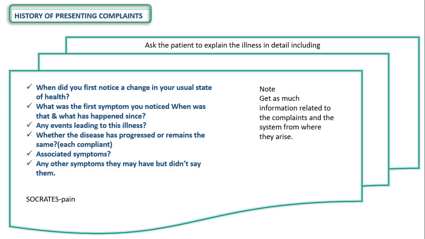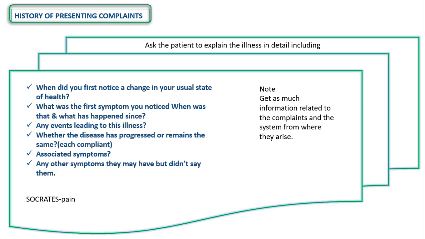And then for pain, you need to characterize the pain. You need to ask the patient the site, the onset, the character, anything that's associated with the pain, anything that's making the pain less painful or more painful. That's for pain. For any pain that the patient tells you, you ask this, whether it's a headache, where one side of the head is paining: what's causing this pain on one side of the head?